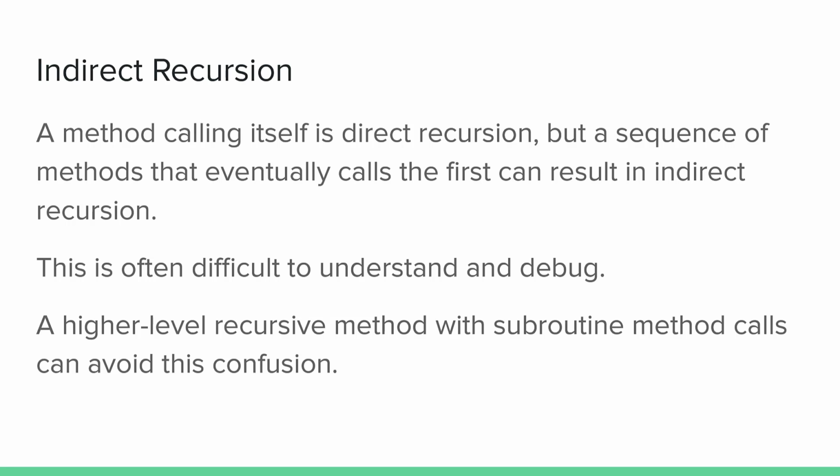You would be better off, if you have a sequence of steps, a sequence of subroutines, to create one high-level method that contains each of those subroutine method calls and then recursively calls itself directly, so that there's one clear method controlling the entire process that is the recursive method.